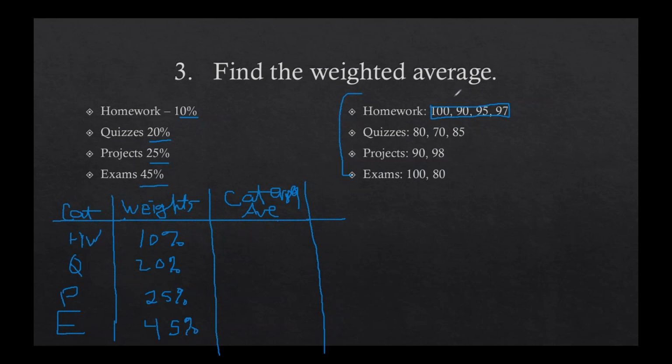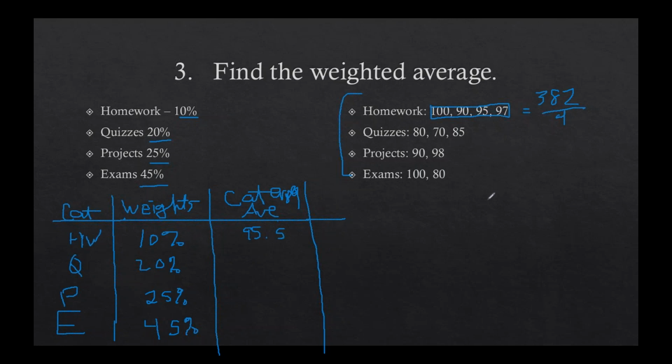So exactly, Trevor, we're going to add those 4 together and then divide by 4. So when I add those 4 up, what do we get? 382. So if I take 382 and I divide by 4, we should get a category average of 95.5.